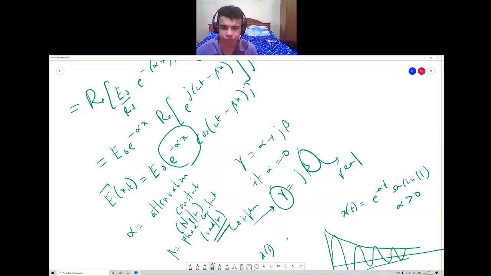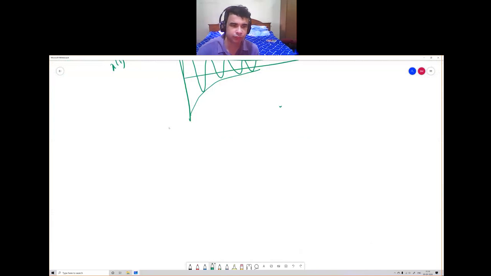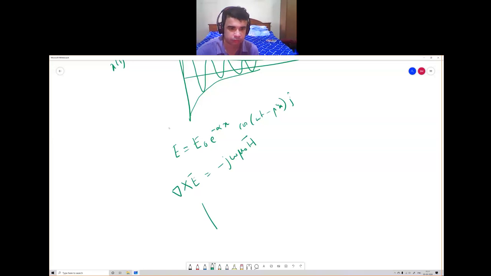Okay. So any questions regarding this? And what will be the magnetic field if E is equal to E naught e to the power minus alpha x cos of omega t minus beta x? We find out using the same thing, curl of E equal to minus j omega mu naught H. So we find the curl: the determinant with i, j, k, del del x, del del y, del del z.